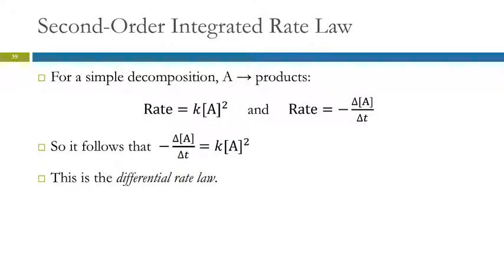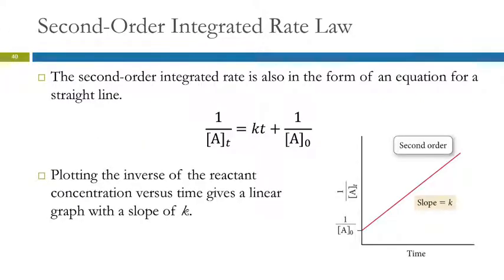That's a differential rate law. It's negative dA over dt equals k A squared. So we can integrate that. And again, we'll just say poof, it's integrated, and this is what we get. So here we have 1 over A at time t is equal to kt plus 1 over A at time 0.